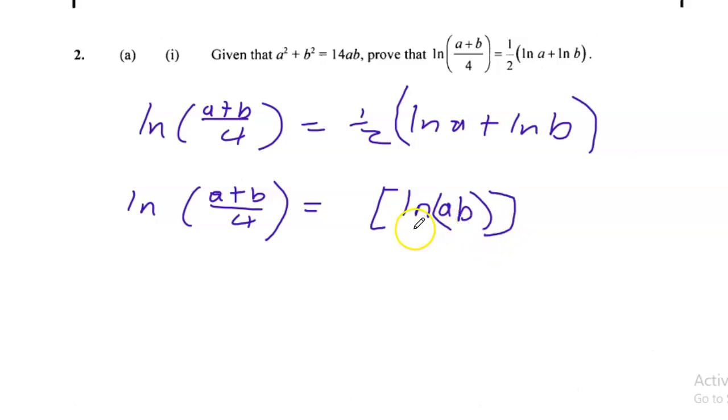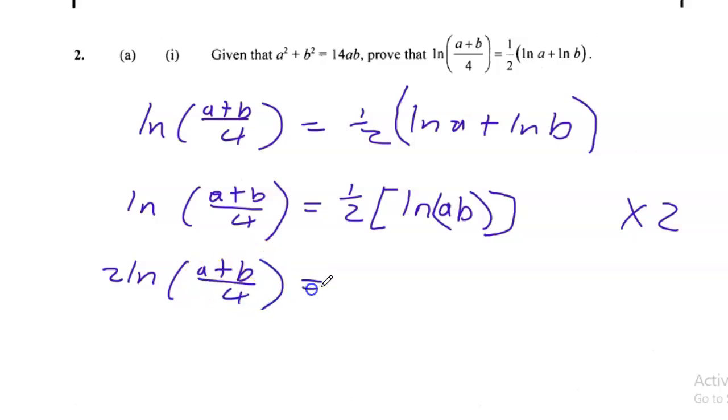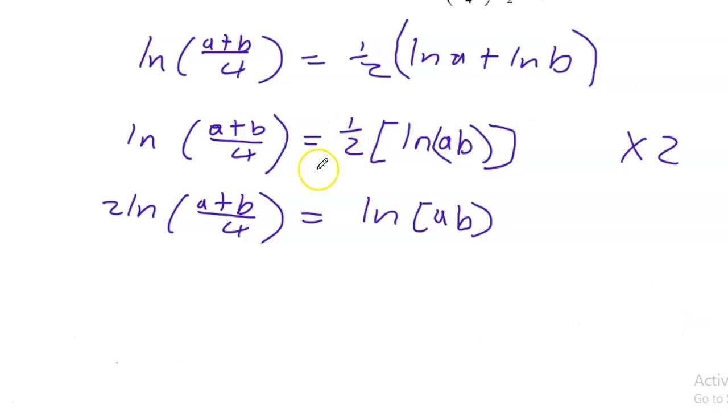And of course, half. Now one thing we could do is multiply both sides by 2. So I'm going to times both sides by 2. So we end up with 2 ln (a plus b upon 4). And then 2 times half is 1, right? So I just have ln ab on the right hand side. And of course, law of logarithm. This 2 we can put here.